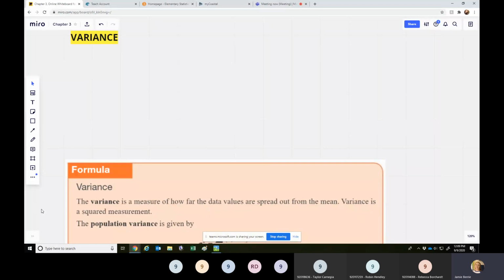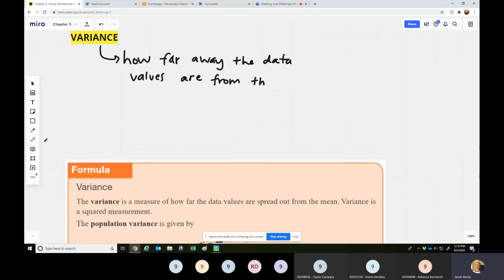Variance, again, is going to tell you how far away the data values are from the mean. The range is just going to tell you how spread out the biggest one is from the smallest one. The variance is going to tell you how far away the data values are from the mean.